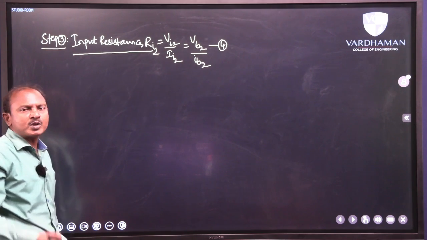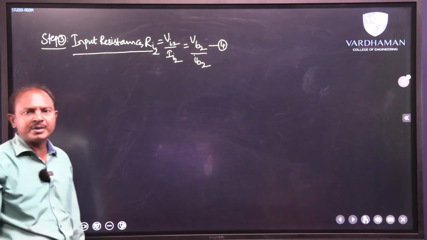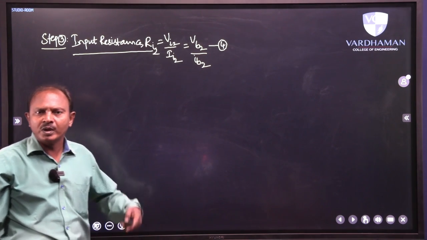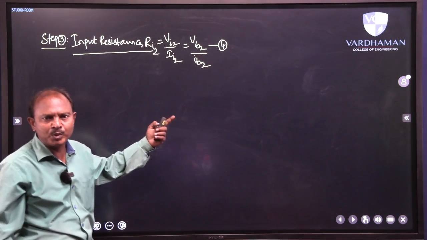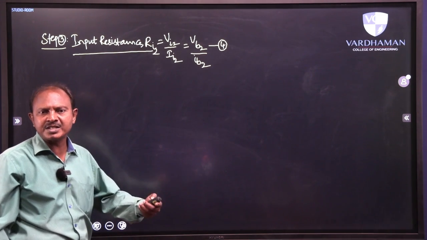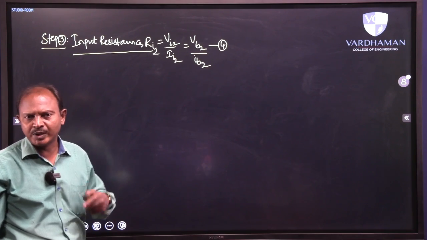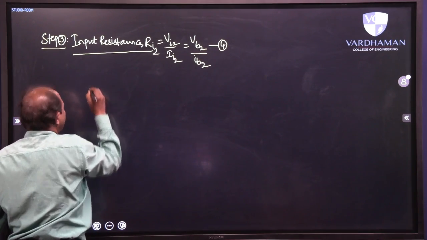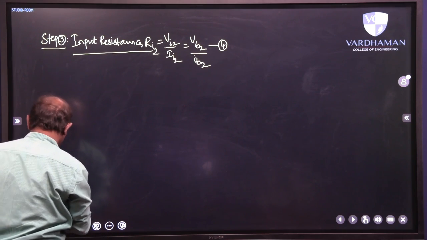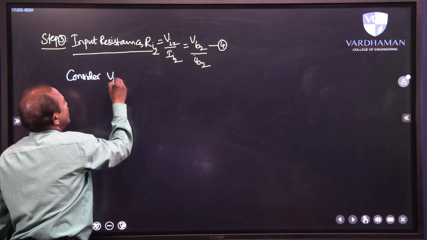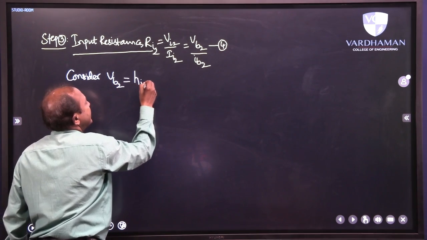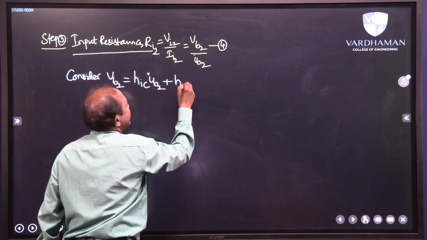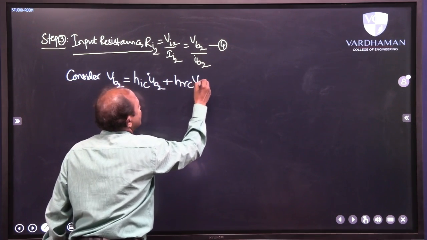Again, from the basics of BJT, or from the small signal model which you have studied in first year, we have a general equation for input voltage: input voltage is a function of input current and output voltage. Based on that, we can write an equation for VB2: VB2 equals HIC IB2 plus HRC VE2.